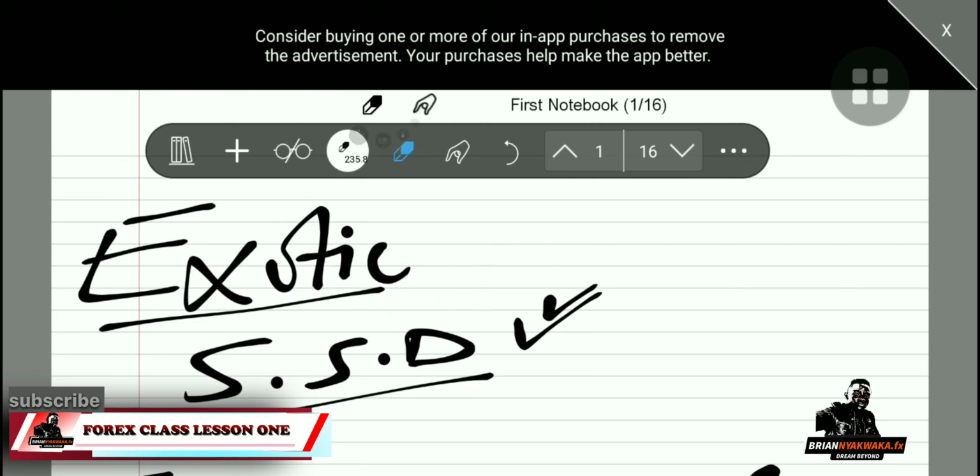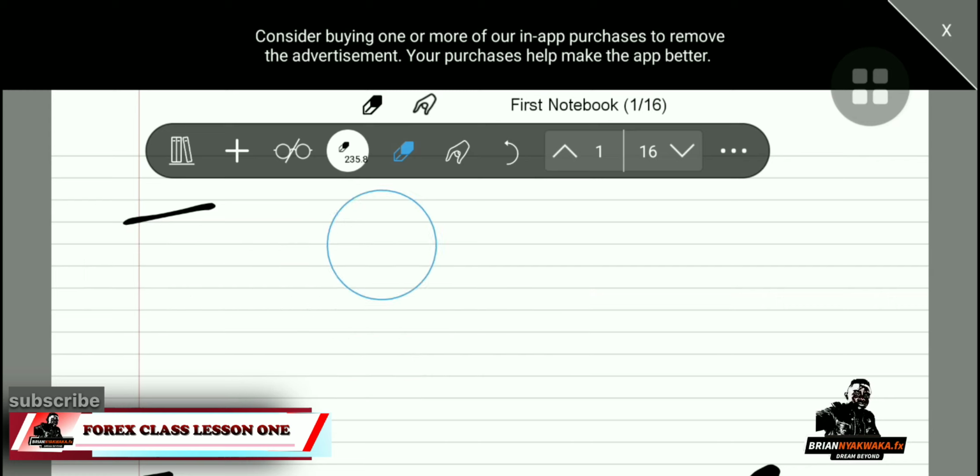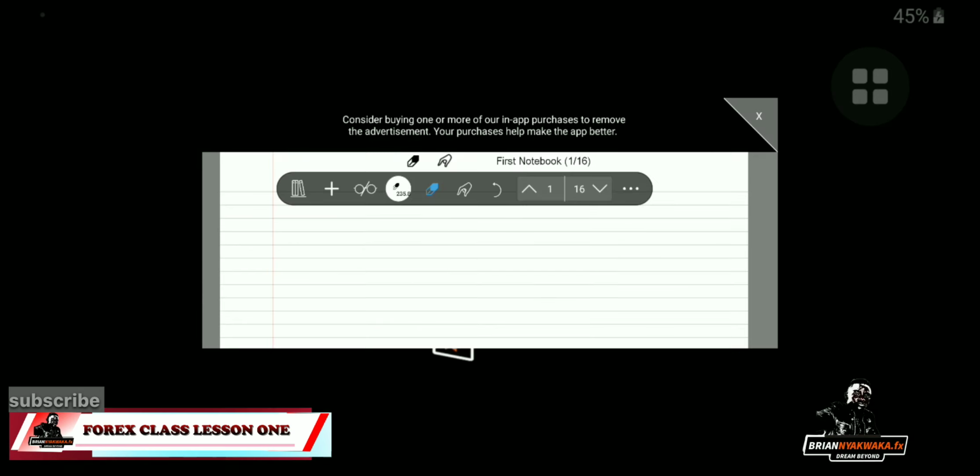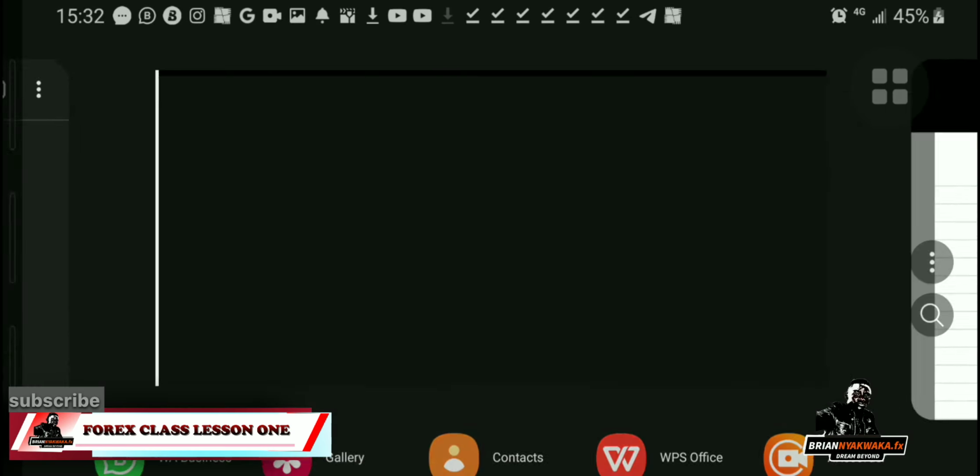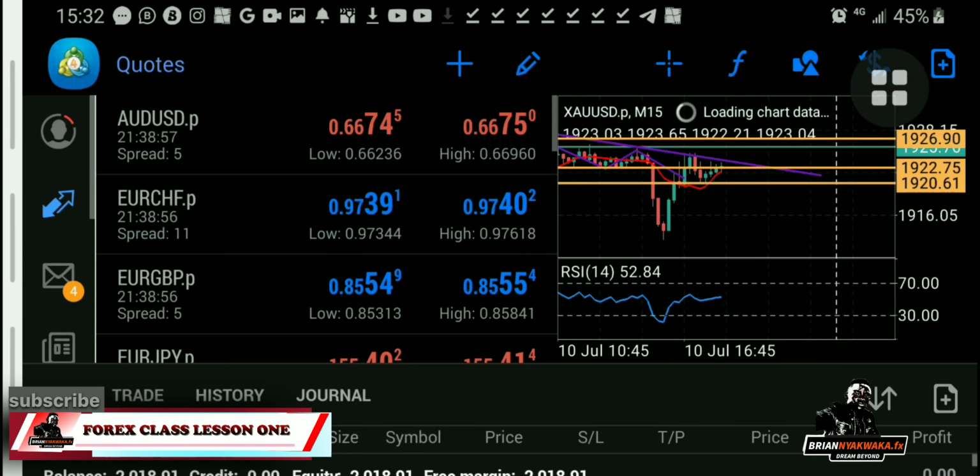So remember, I've told you that currencies are traded in pairs, simply because we are simultaneously buying one currency and selling the other currency. For example, here we have Australian dollar. So we are buying Australian dollar, and at the same time we are selling USD.